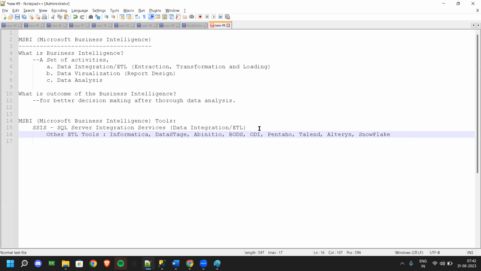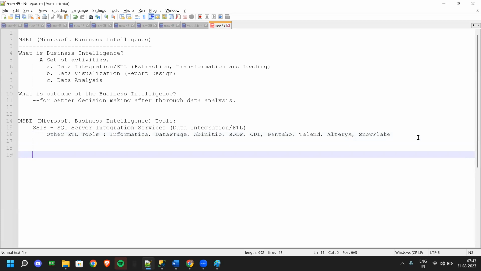These are all different tools from different vendors. Informatica from Informatica Corporation, DataStage from IBM, Ab Initio from abinitio.com, BODS from SAP, ODI, Oracle Data Integrator, from Oracle, Pentaho from pentaho.com, talend.com, alteryx.com, snowflake.com.